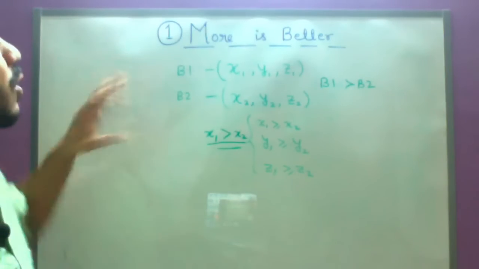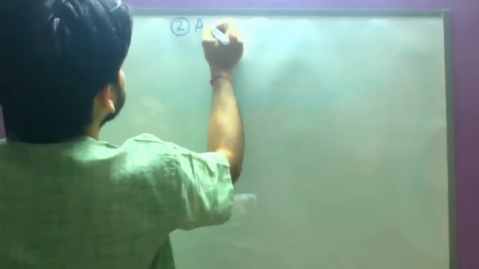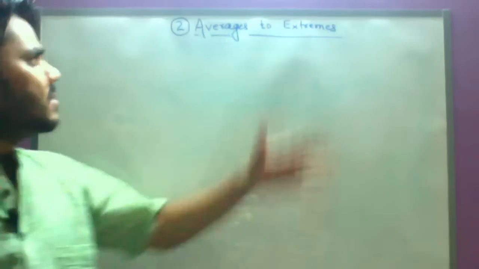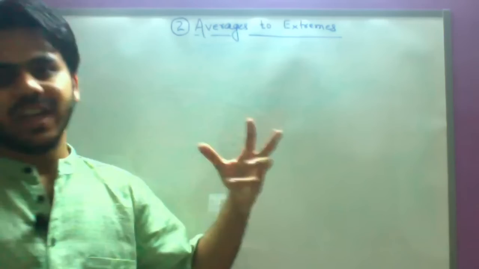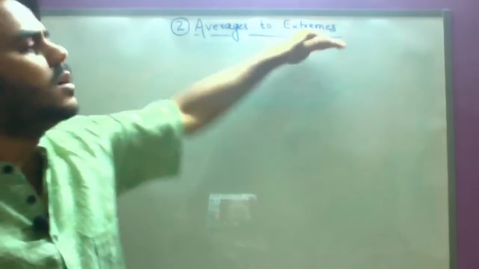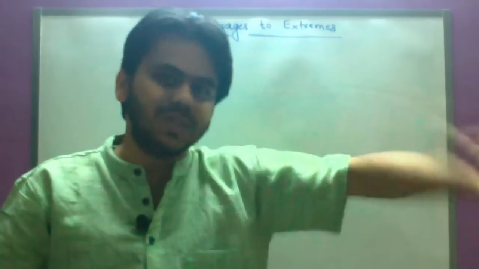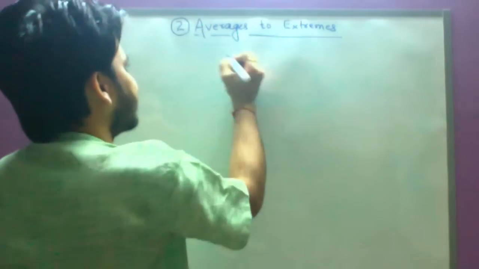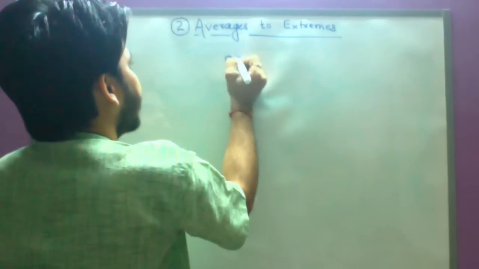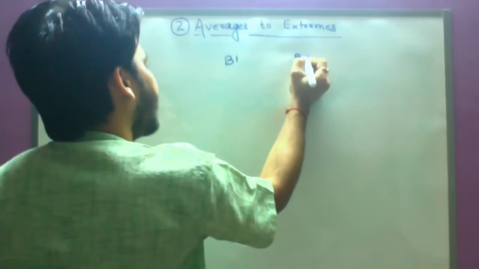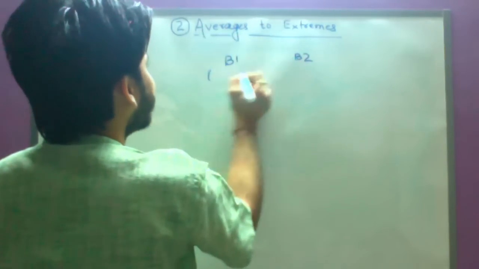Now let's move to the next one. The second assumption for well-behaved preference is averages are preferred to extremes. What does this mean? Let's say you have two bundles, bundle 1 and bundle 2. And just for the sake of simplicity, we have just two goods.